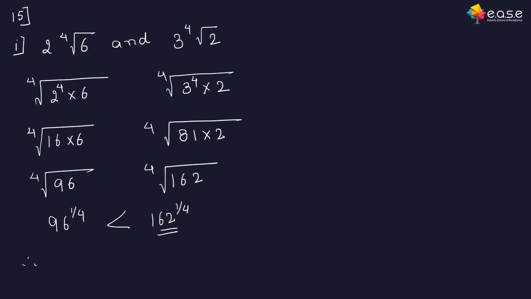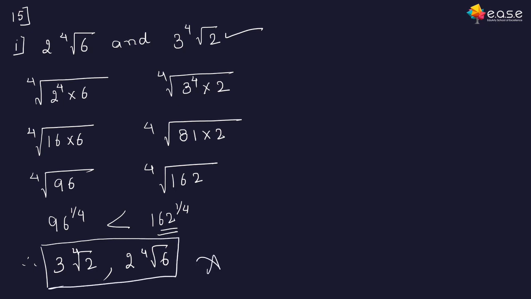Therefore we write 3 times the fourth root of 2, and the next number will be 2 times the fourth root of 6. This is your final answer.